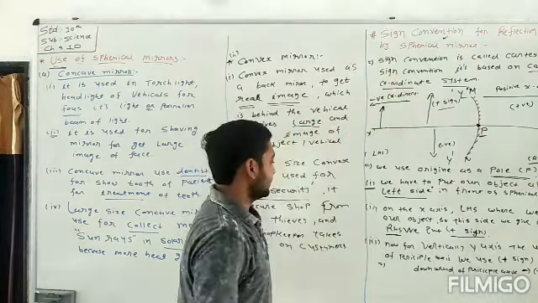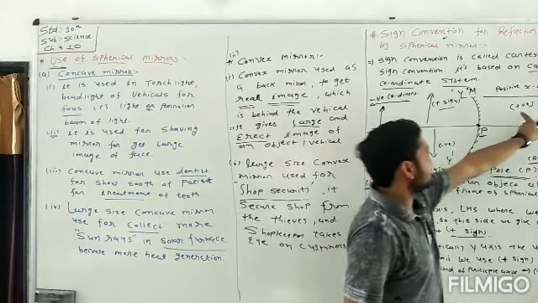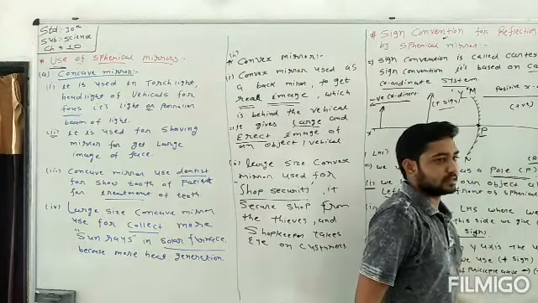First one is always we consider pole as origin. Second case, in x-axis, the left side of pole, we use negative sign in negative x direction and positive sign in positive x direction.